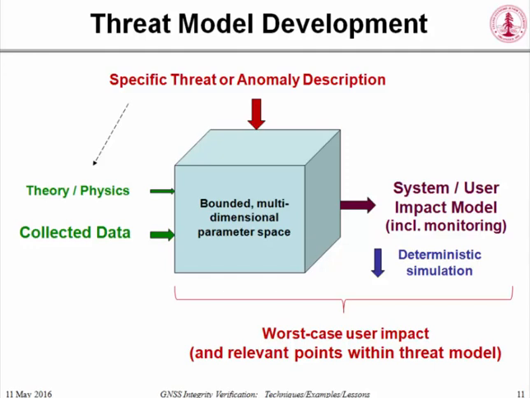And what we're saying with a bounded threat model is we can't guarantee that a fault will always stay within the bounds, but if a fault is outside the bounds, the probability has to be smaller than the integrity requirement. Once we have this model, then using a deterministic simulation, we can determine the worst case impact.